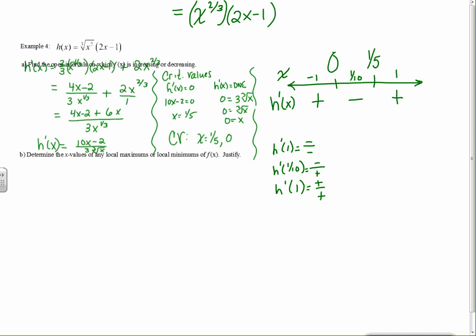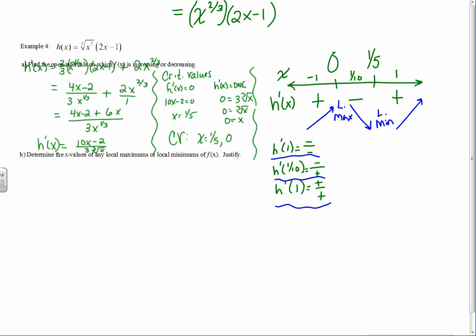And then I chose 1 to the right side. I tested each of these out, and you can see my analysis done there, and I got positive, negative, positive. So we have an increasing function, a decreasing function, and an increasing function. This will hit a local max. Here we hit a local min on that critical value.